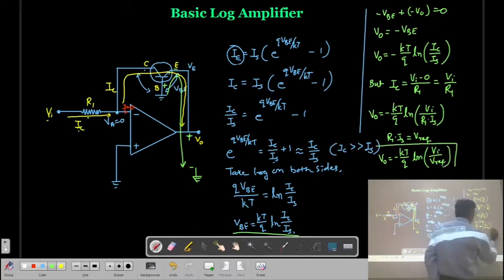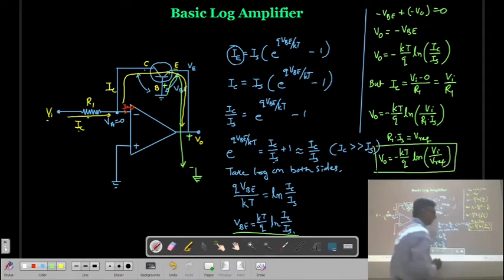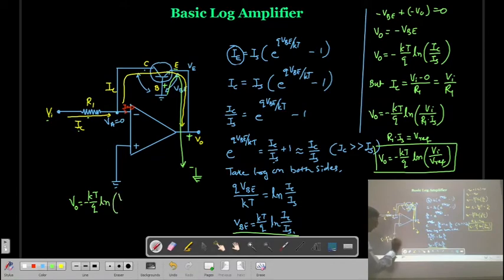So this is the output voltage of your log amplifier. Here we can write that the output voltage is minus KT by Q ln Vi by V reference. So what is V reference? V reference is nothing but IS into R1.